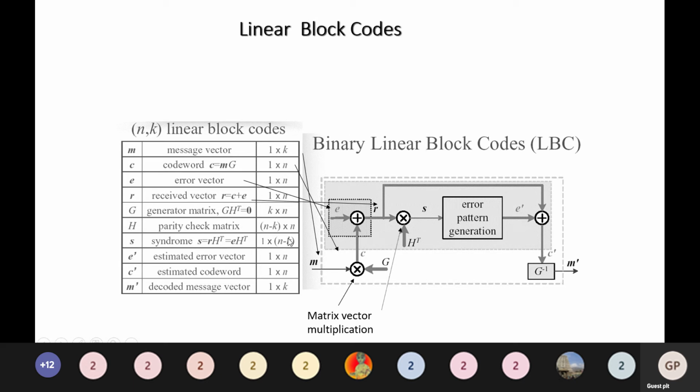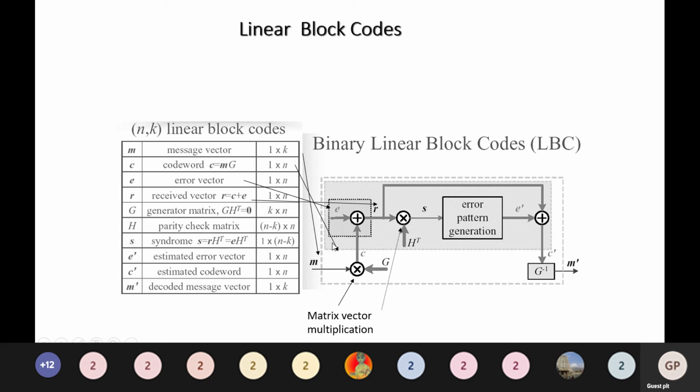If you take the block schematic of the linear block code, you have the message signal, and the code word gets generated. After the code word is generated, you can send it through the error pattern and get the received code word. G is the generator, so c is equal to m into G, where m is the message and G is the generator.